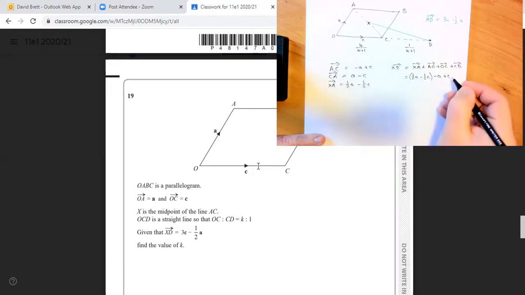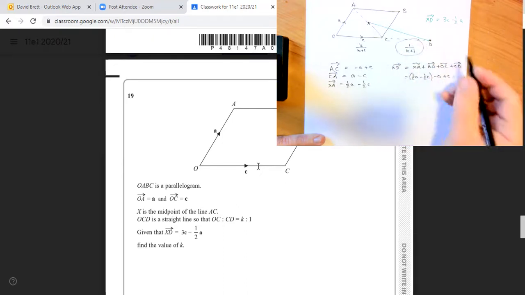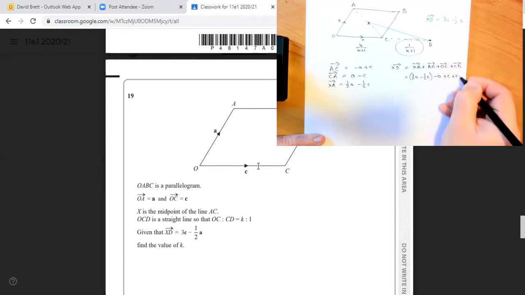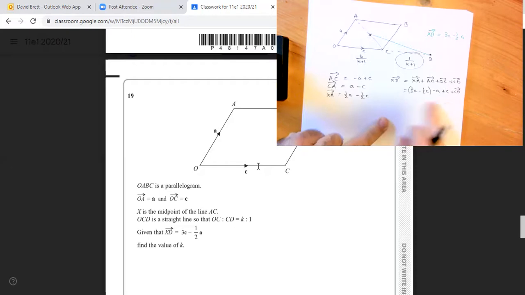And then I've got this little bit here, which I'm going to call, just leaving as CD for the moment. Okay, so let's just pause that for a second.